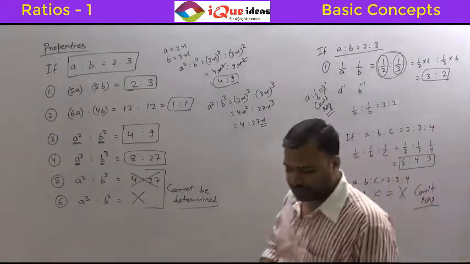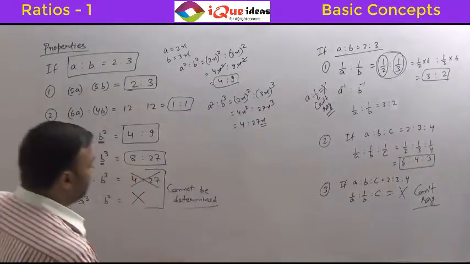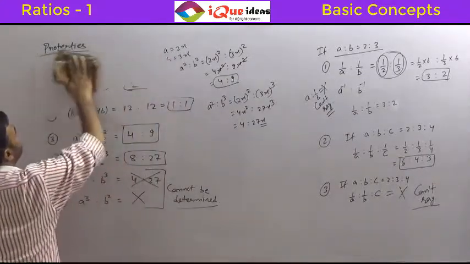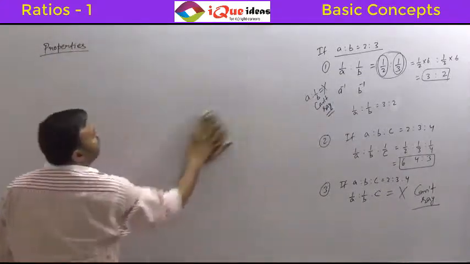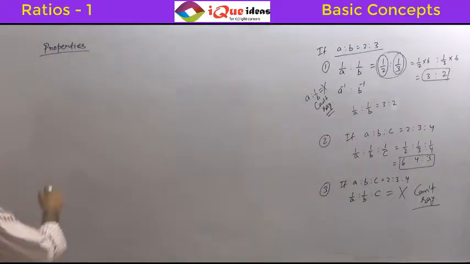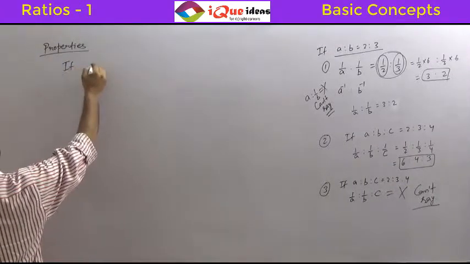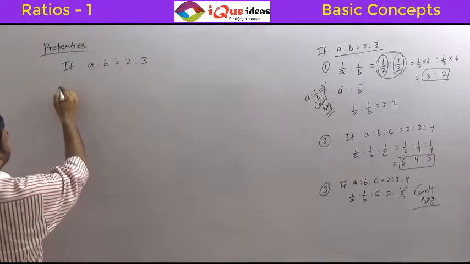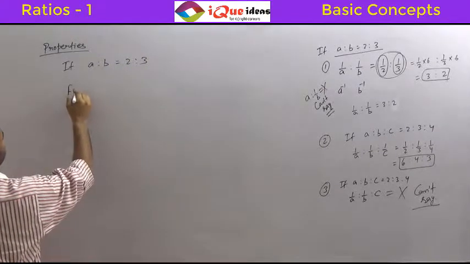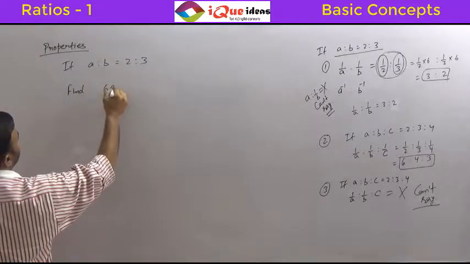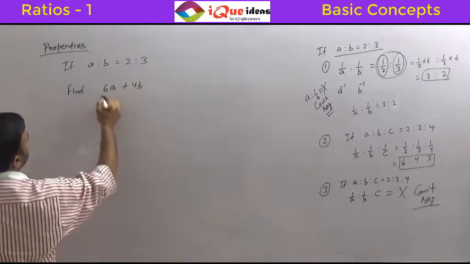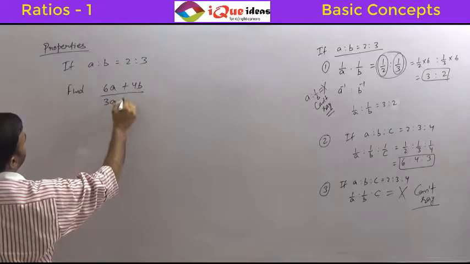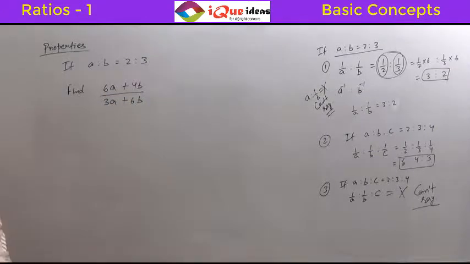Okay, let's take a couple of questions on this. Before that, we'll take some more properties, then we'll take some questions. Suppose we have one more type of property. If A is to B is 2 is to 3, find the value of 6A plus 4B divided by 3A plus 6B, something like that.